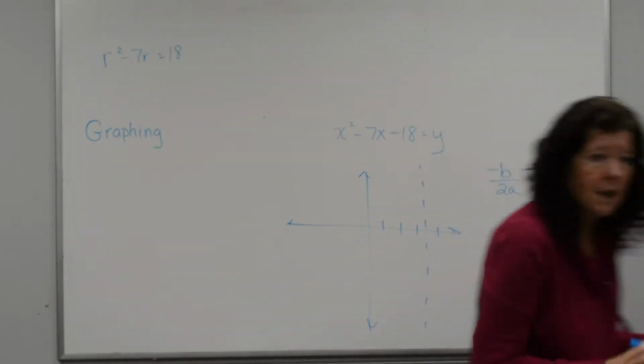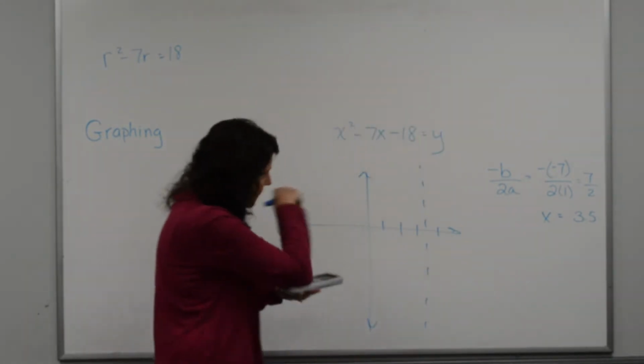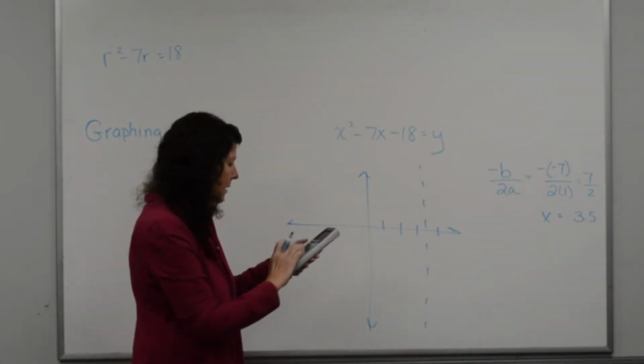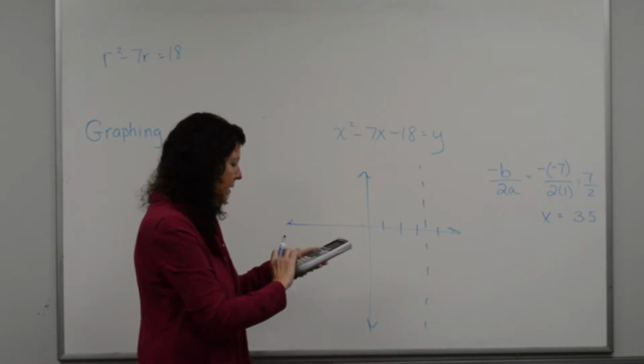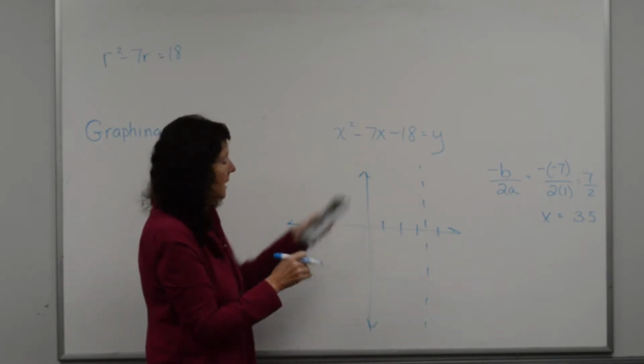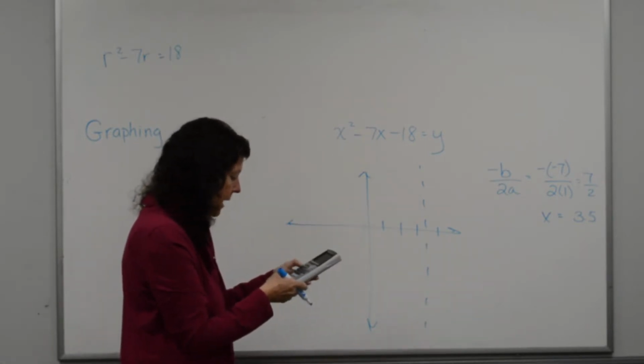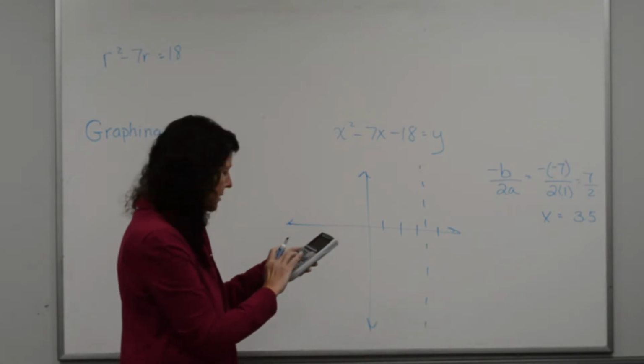I can find the vertex. Okay, so the vertex I'm going to find by plugging in the 3.5, using my store button and plugging it back into that. Okay, so I just plug that into the calculator.